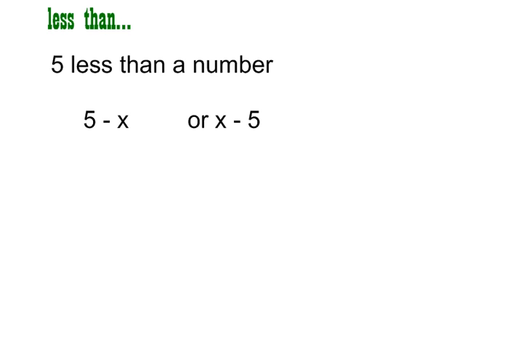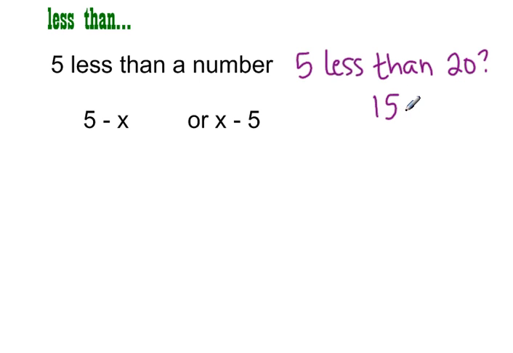But let's think about this using an example. What if I asked you, what is 5 less than 20? What's 5 less than 20? I think your answer would be 15, which is correct. So let's go ahead and try that in these expressions.